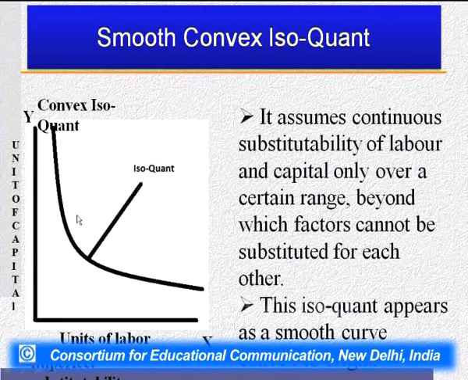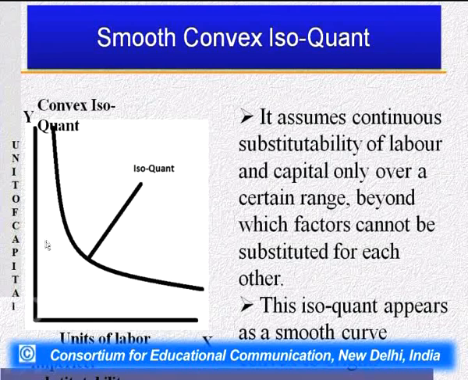Suppose we take one unit of labor and one unit of capital, and draw a line from here to here. We can see some amount of labor and some amount of capital.